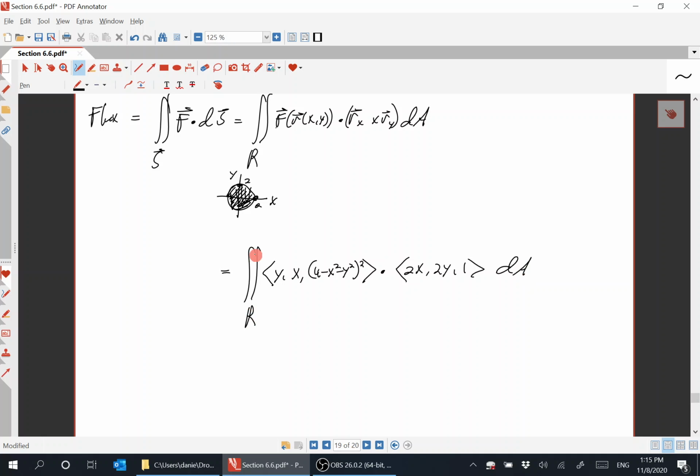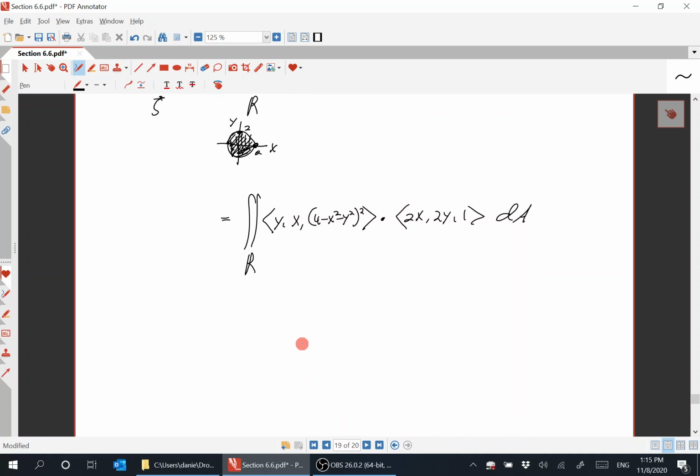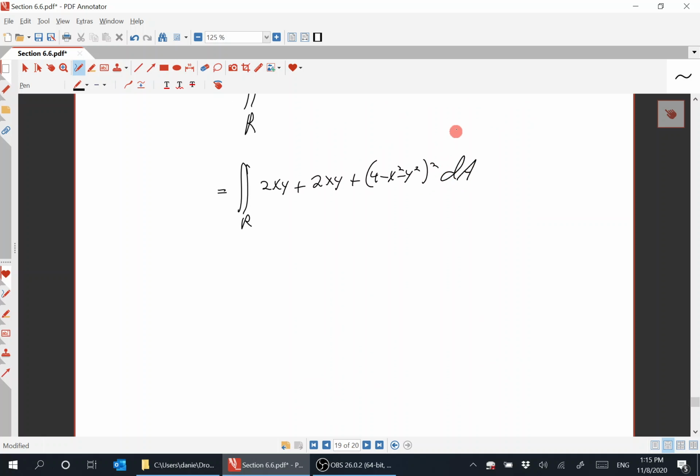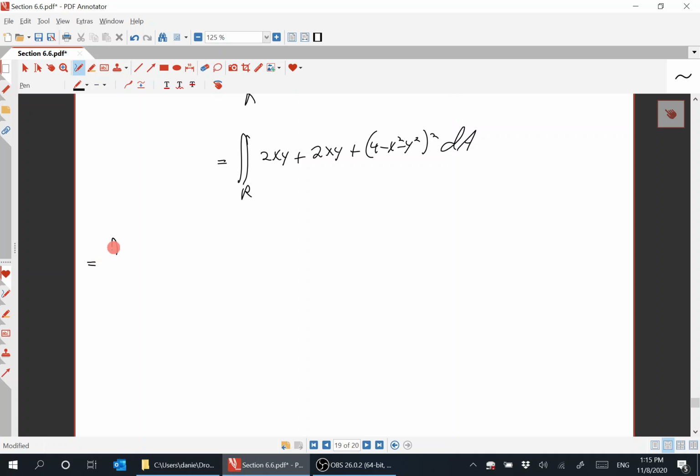Notice we haven't put the bounds on the integral yet. We're still setting up the double integral. So it's the double integral over R, 2xy plus 2xy plus 4 minus x squared minus y squared, squared. Okay, still got some simplifying to do.